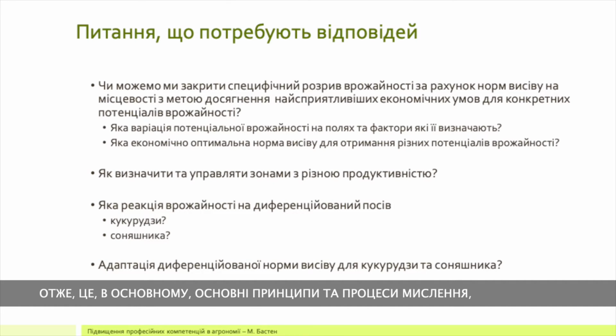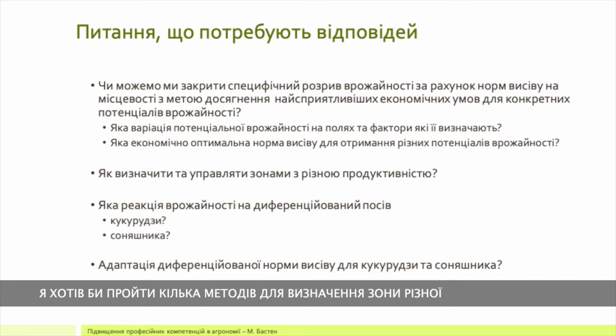These are basically the underlying principles and thought processes which lead us to the assessment of whether the use of variable seed rates in the field makes sense, or whether it is maybe too much effort for the objective we would like to pursue.